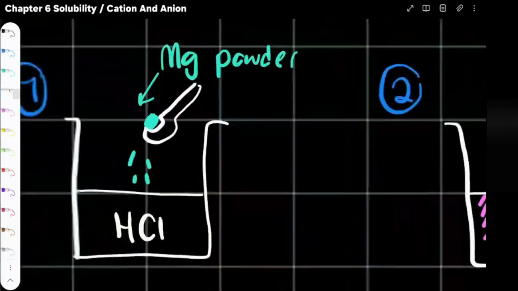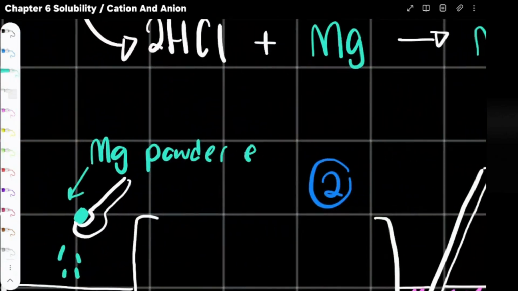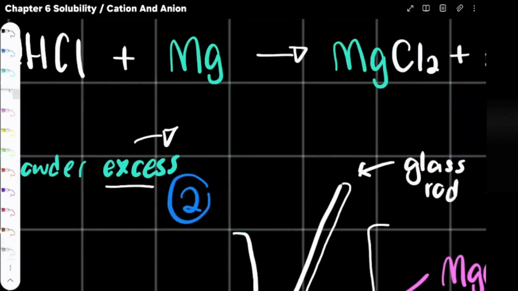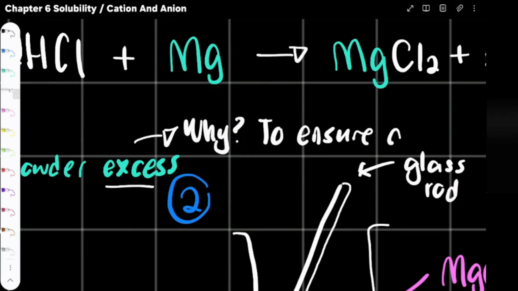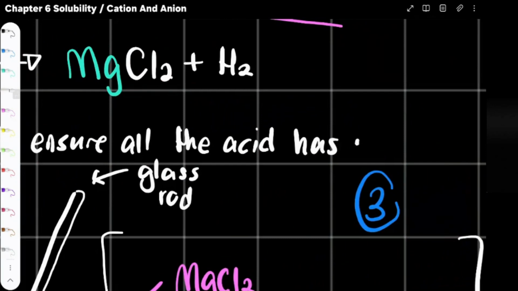Okay, and then when you add this, make sure you add in excess. Why? They always ask this question also. So they ask you why? Because to ensure all the acid has reacted.